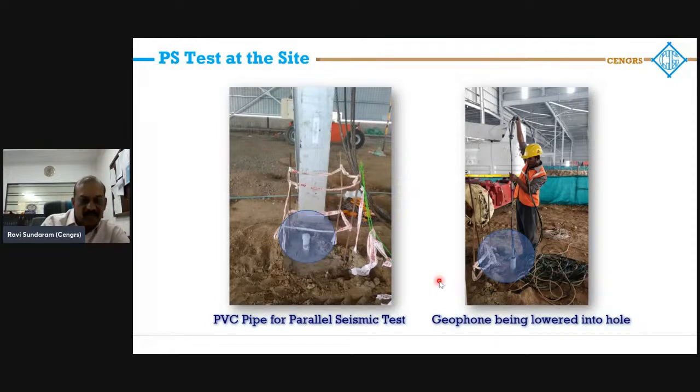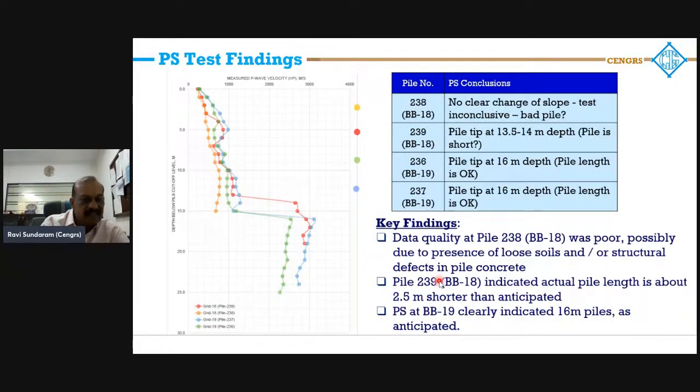The geophone being lowered into the borehole for the parallel seismic test. So we could see a clear break here, that below this level there was hardly any concrete. This was soil here in these cases. In 238, there was no clear change of slope.